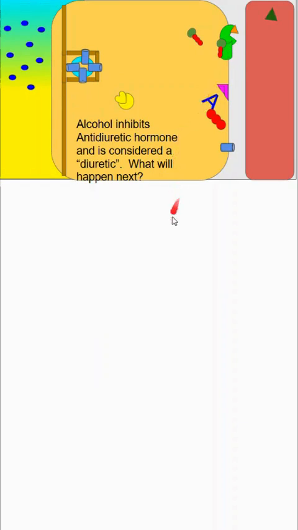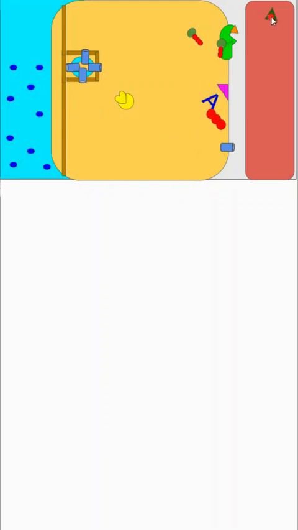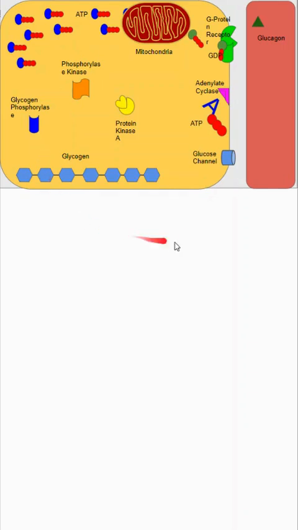So alcohol is considered a diuretic. If it inhibits this pathway, can you kind of imagine what's going to happen next? Ultimately, antidiuretic hormone would not be able to land and we would not reabsorb that water. So as you have alcohol in your system, you're going to pee out a lot of dilute urine.